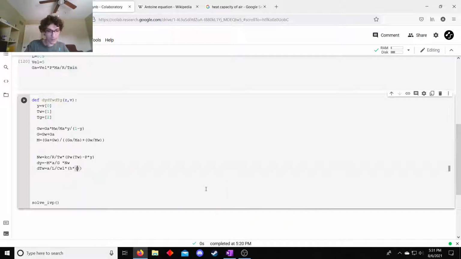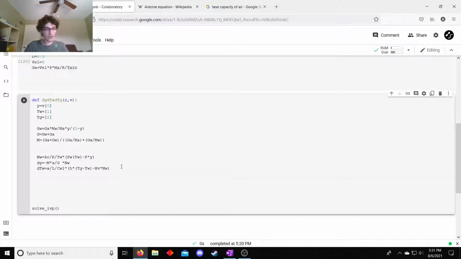H times, so this will be Tg minus T water. Then we will subtract the heat of vaporization of water times the molar flux. And that should be good. I want to make sure we have everything here defined.